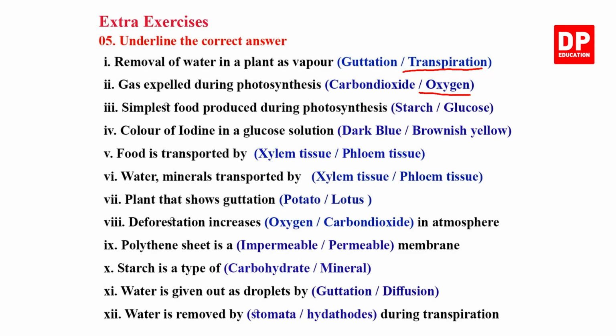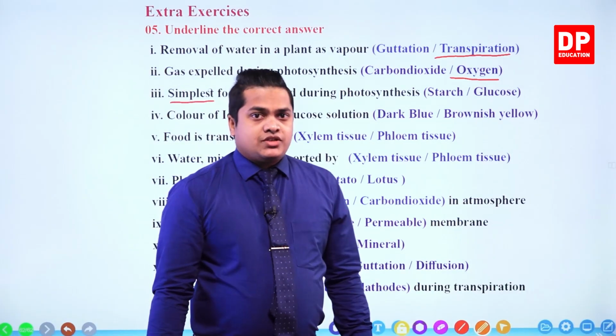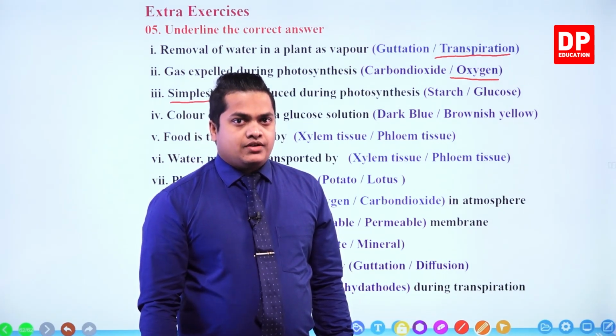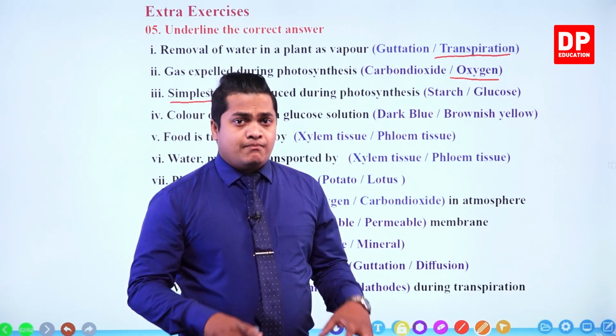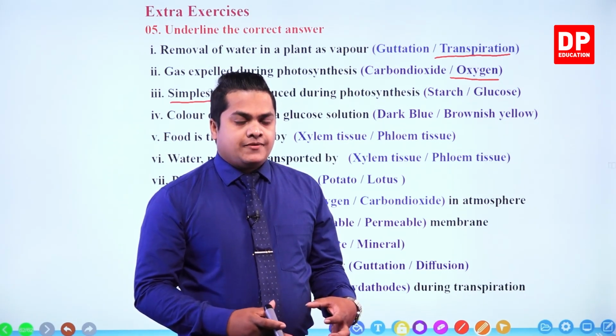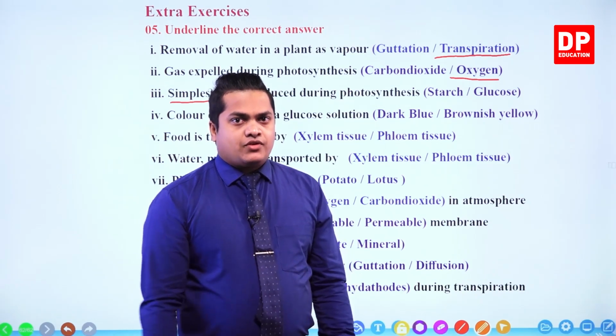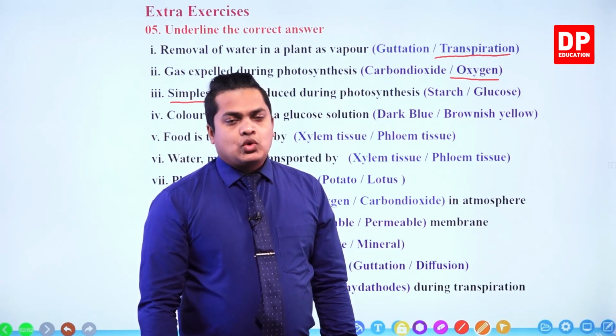Simplest food produced during photosynthesis. They are asking about the simplest food. You know that starch is a collection of several glucose particles together. So it's not simple. It's a complex carbohydrate. The simplest food which is produced during photosynthesis is glucose.